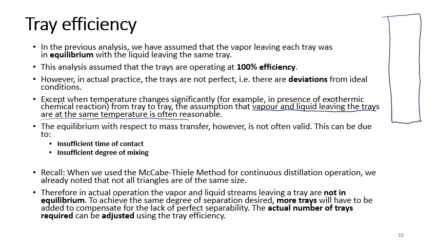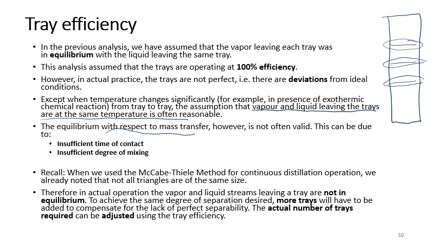However, from tray to tray, we can assume that the temperature is constant at each tray, except when there is some exothermic chemical reaction. The equilibrium with respect to mass transfer, however, is often not valid because of this limitation: insufficient time of contact and insufficient degree of mixing.